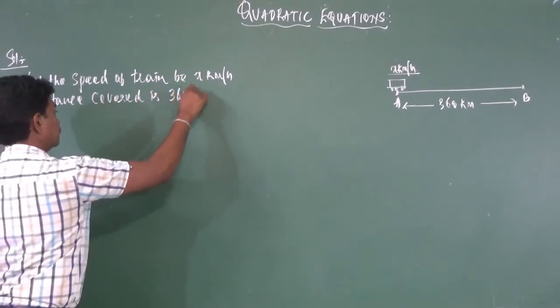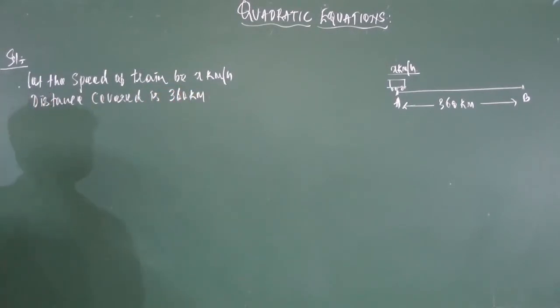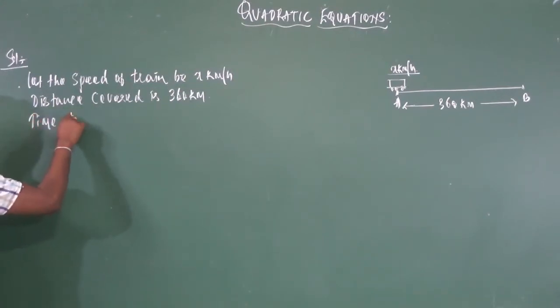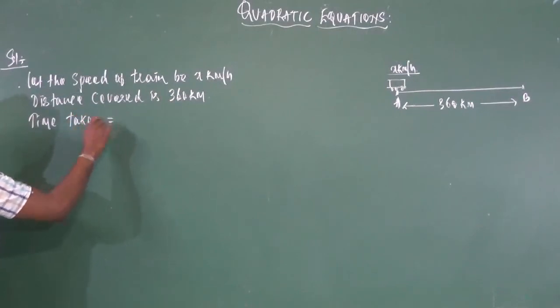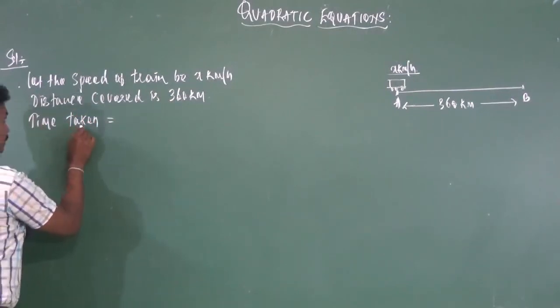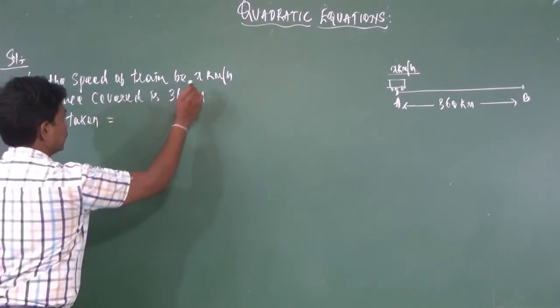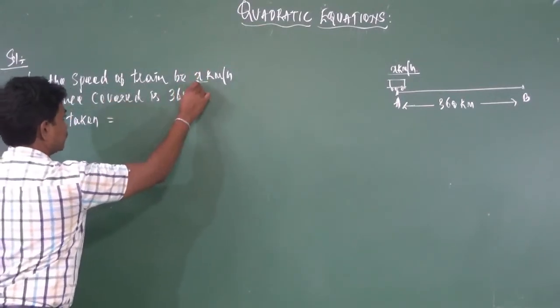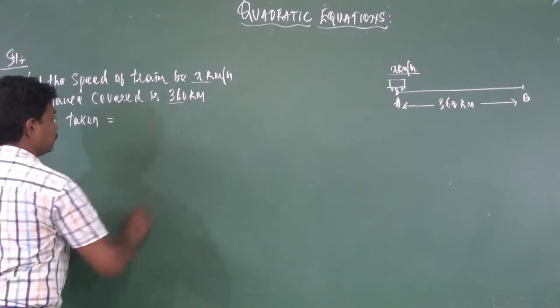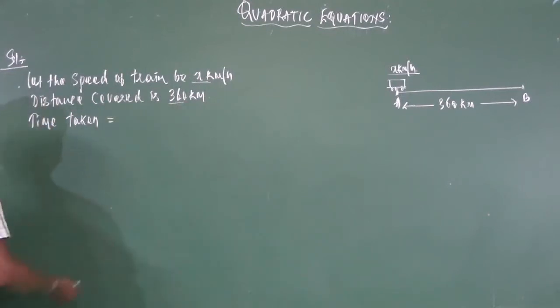Distance covered is 360 kilometers. Now we will calculate the time. So time taken is equal to the time taken by the train traveling at a speed of x kilometer per hour and covering a distance of 360 kilometers.